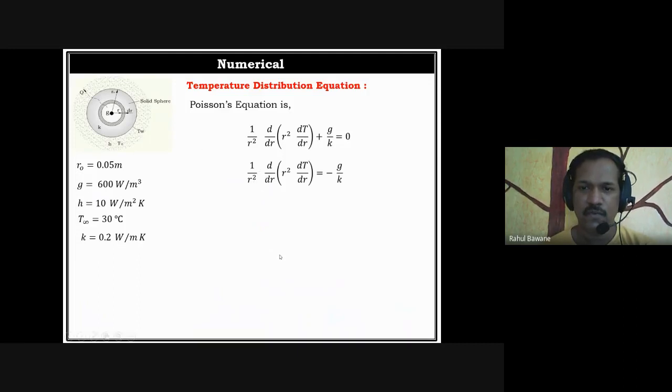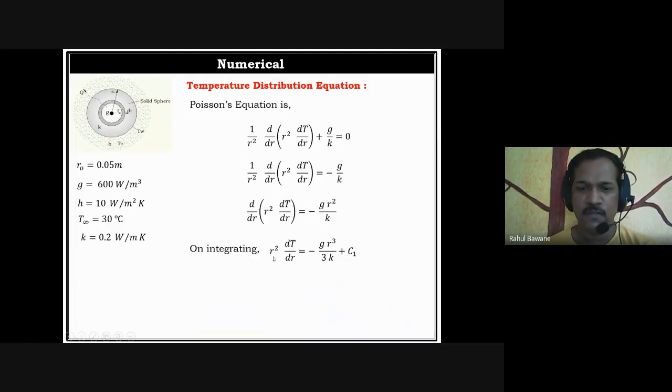So our equation will be d/dr of (r square dT/dr) equal to minus g r square upon k. Now integrating this, we get r square dT/dr equals minus g r cube upon 3k plus C1.